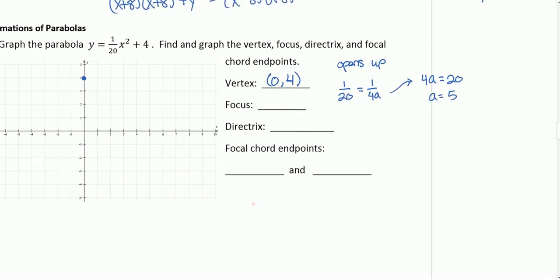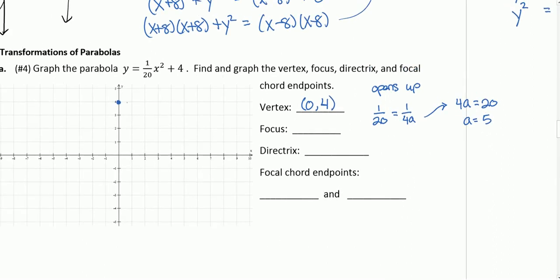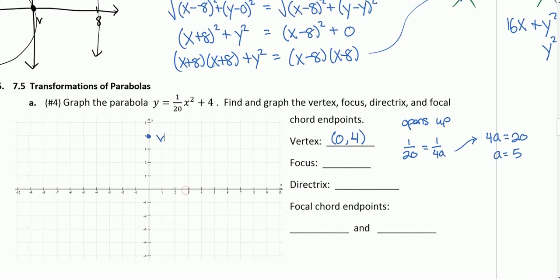And our parabola opens up, so I'm going to move 5 above the vertex, which is off of our graph here. So up 1, 2, 3, 4, 5. That's our focus. That's going to be at 9 on the y-axis. So our focus is at 0, 9.